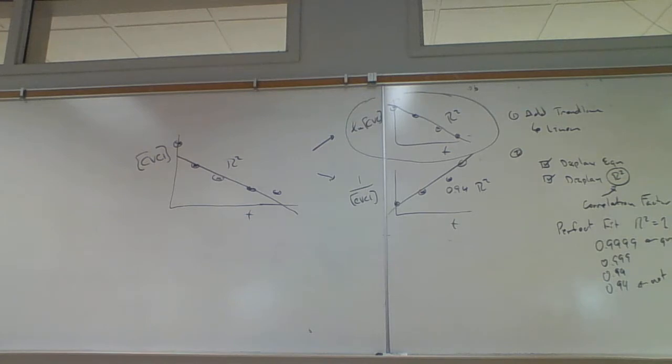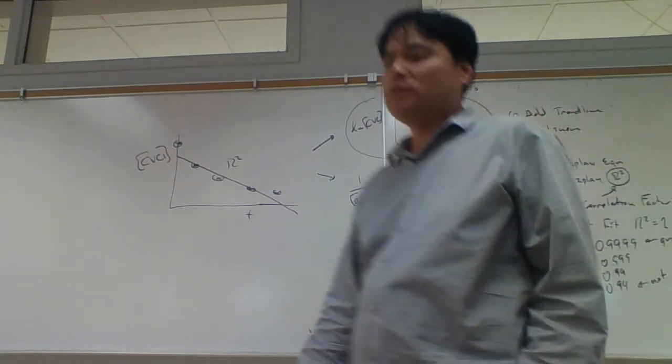But what if we didn't have a huge concentration? Then we need to know what N is. And so how do we determine N? Because what if I didn't want to use a huge excess of sodium hydroxide?